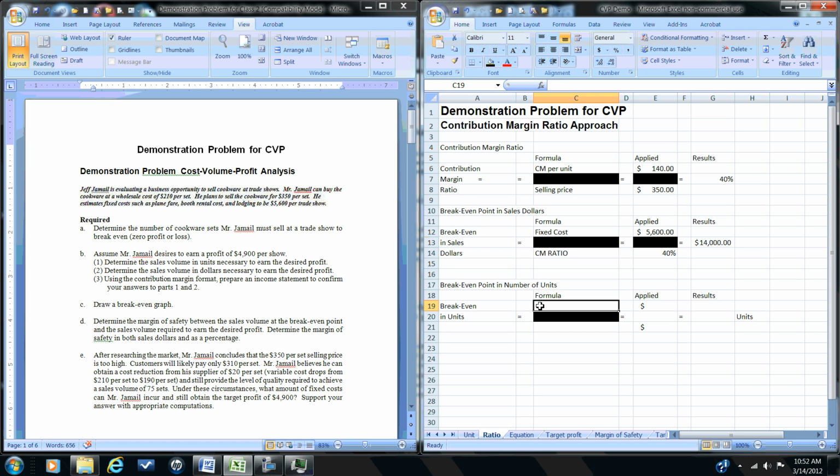Next, we want to determine the break-even point in units, and to get that, we're going to need the break-even in sales dollars, which we just determined, and we're going to divide that by the selling price per unit.